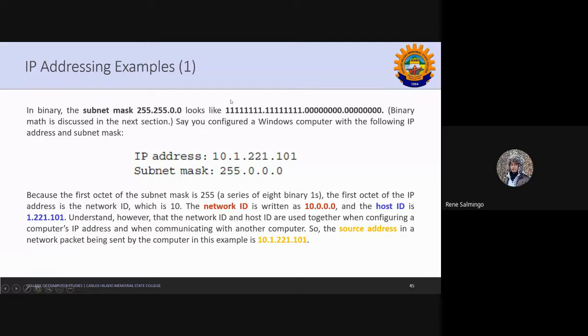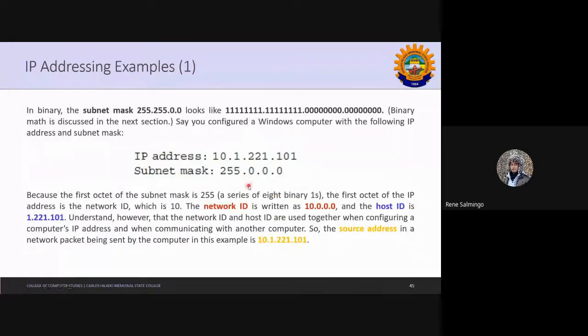But for example, we have another example. So what type of address is this? Class A, Class B, or Class C? This address. Class A, sir. So this address is Class A. So it's more on a public network, private network or companies, because they have a lot of host bits.